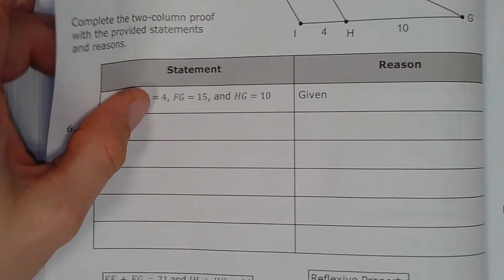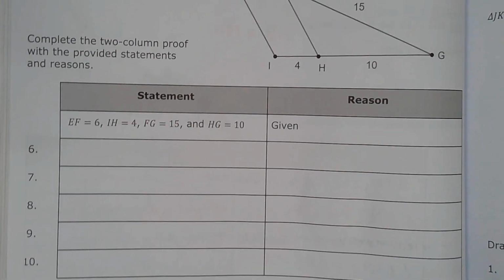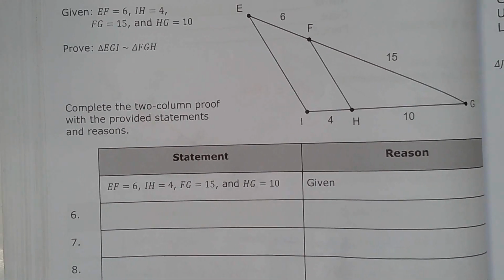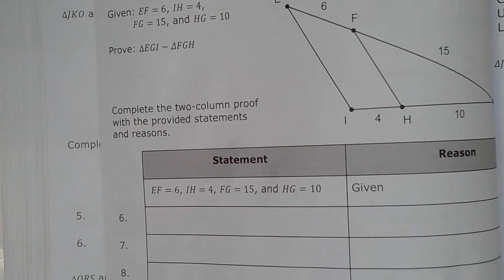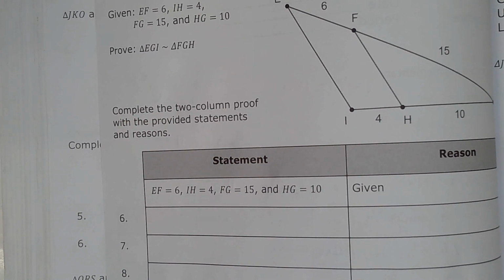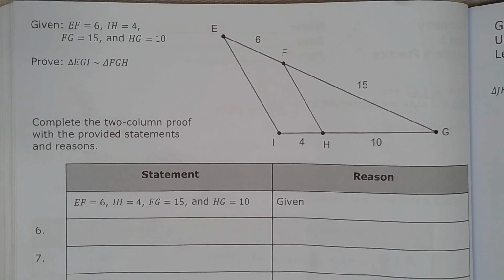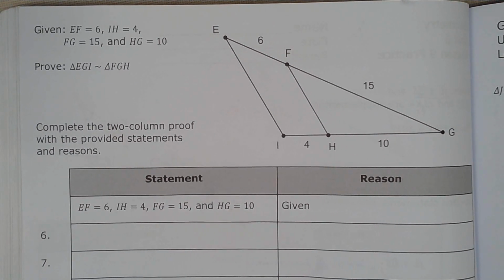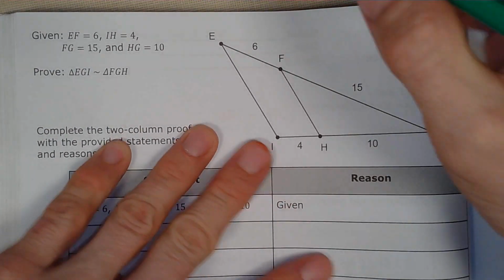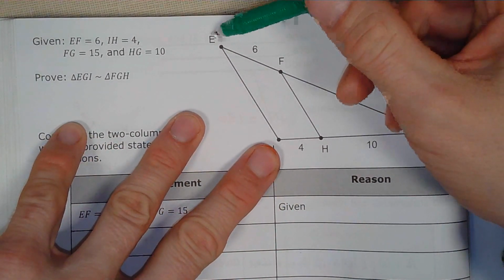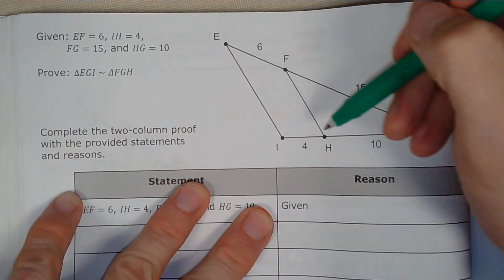Okay, then there's this one. This one has numbers, and I think it's a little less, what's the word? I don't know if I'm going to have time for this one, but we'll try. Okay, so you have EF, everything's labeled here.